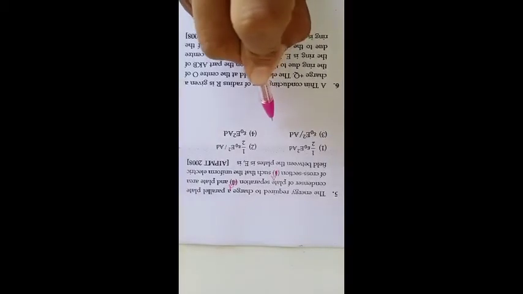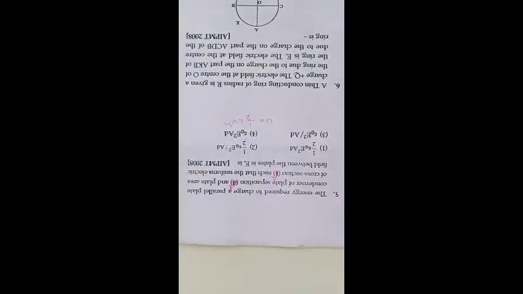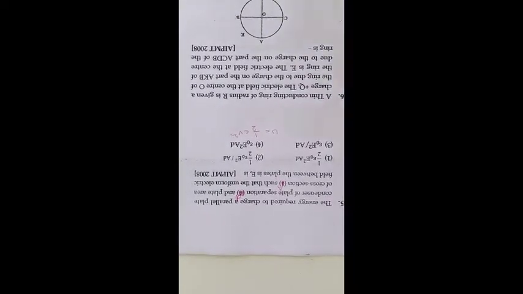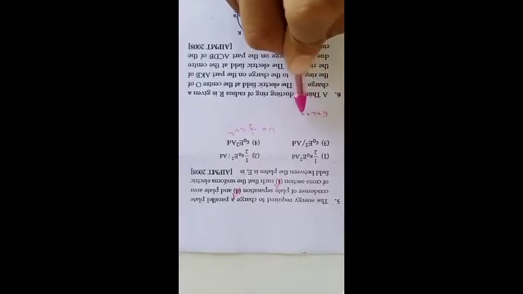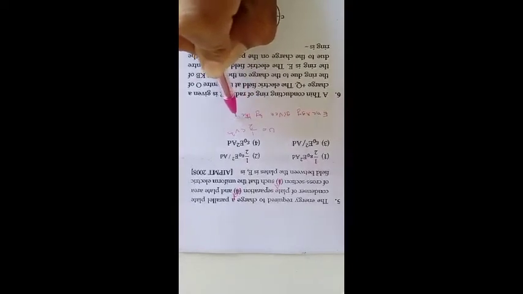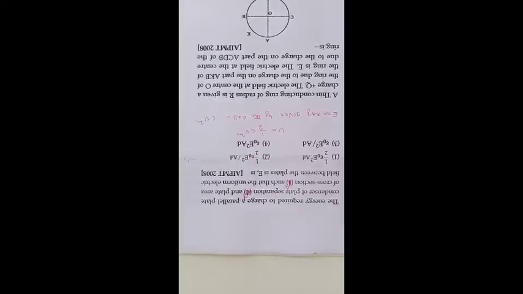Energy stored in the capacitor is 1 by 2 CV square. Energy given by the cell is CV square. If the cell gives an energy of CV square, the capacitor will store half CV square.